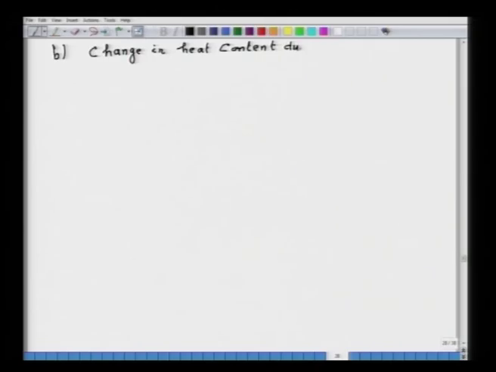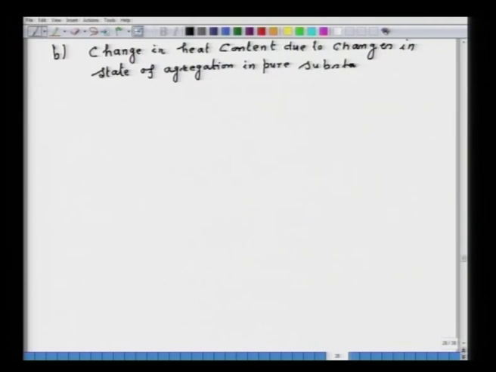due to changes in state of aggregation in pure substances. Now, for example, melting, vaporization.